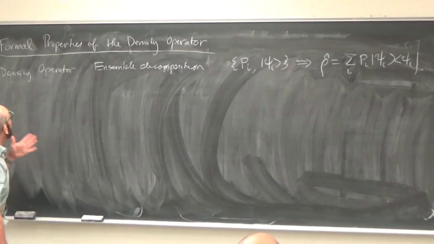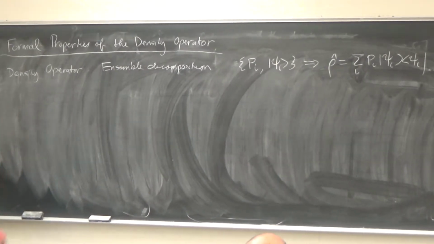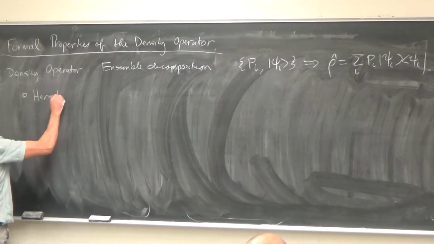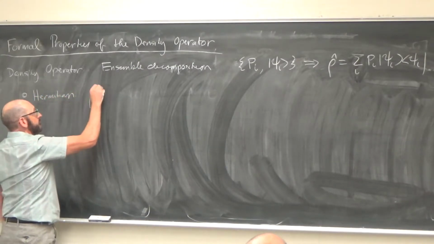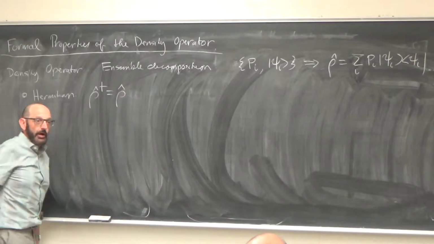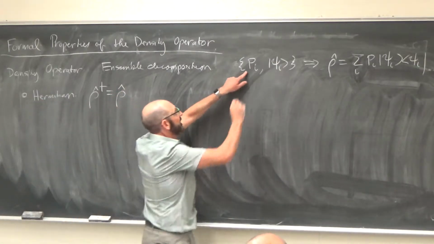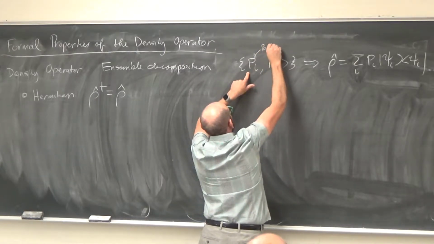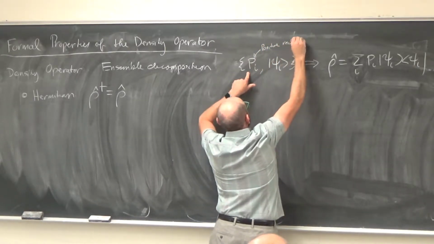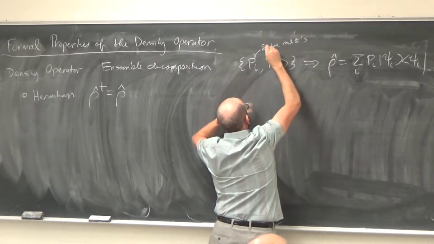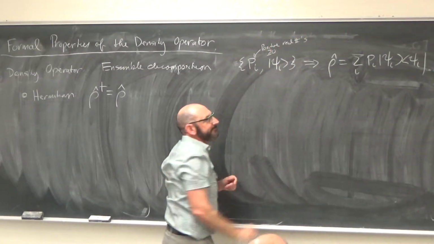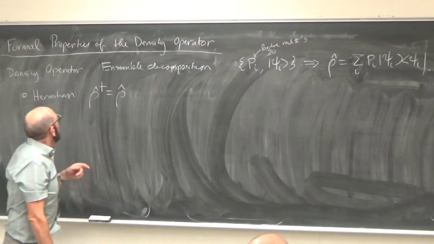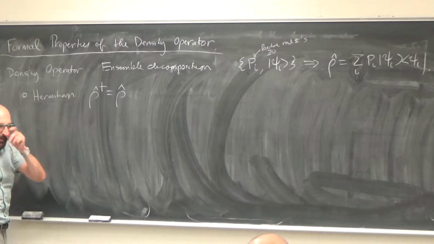What do we see about this kind of operator? Firstly, it's Hermitian. Right? Because these are positive real numbers, meaning really non-negative. So this is clearly a Hermitian operator.